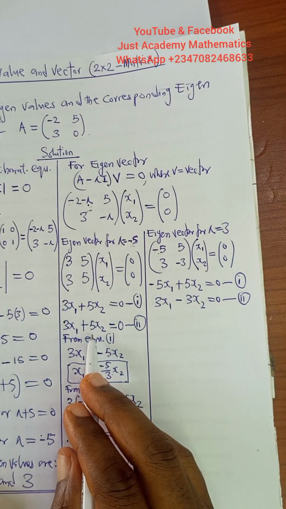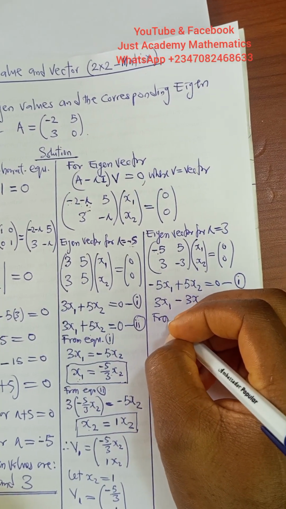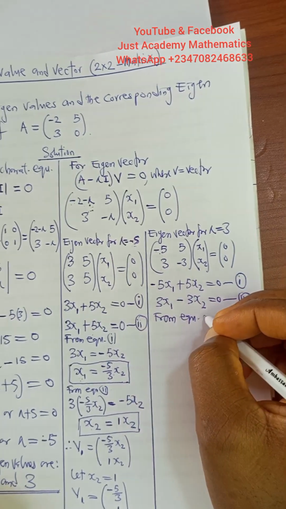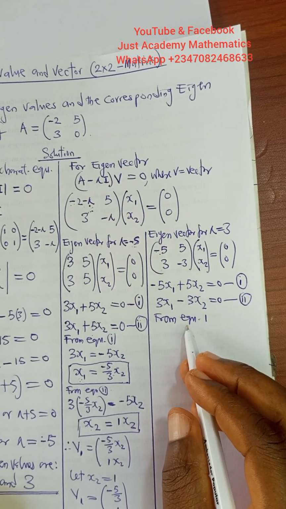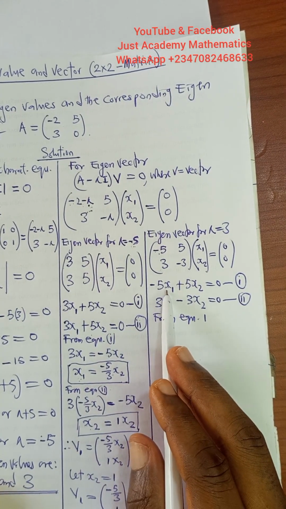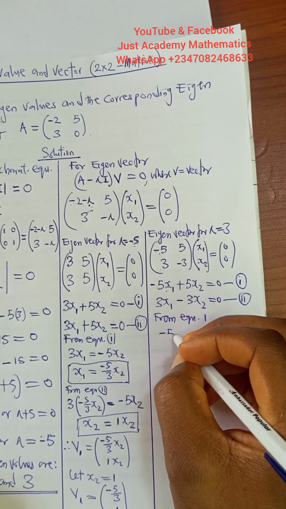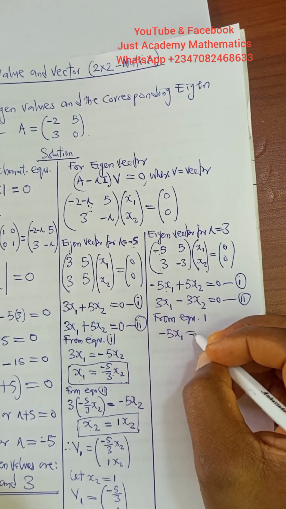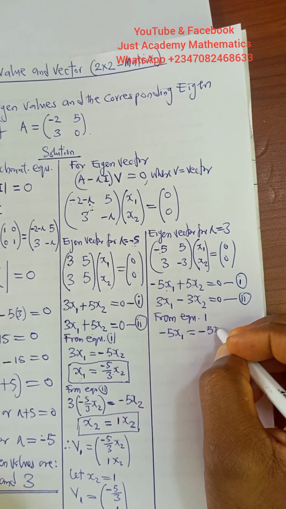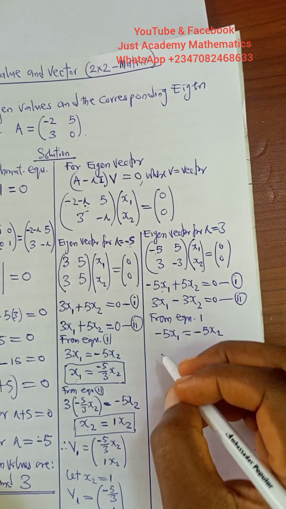If you are following the procedure here, remember the next thing is to, from equation 1, make x1 the subject. If you make x1 the subject, you move this one here now, of course. So you will now have -5x1 is equal to -5x2. So for x1 to stand alone, you divide both sides by -5.